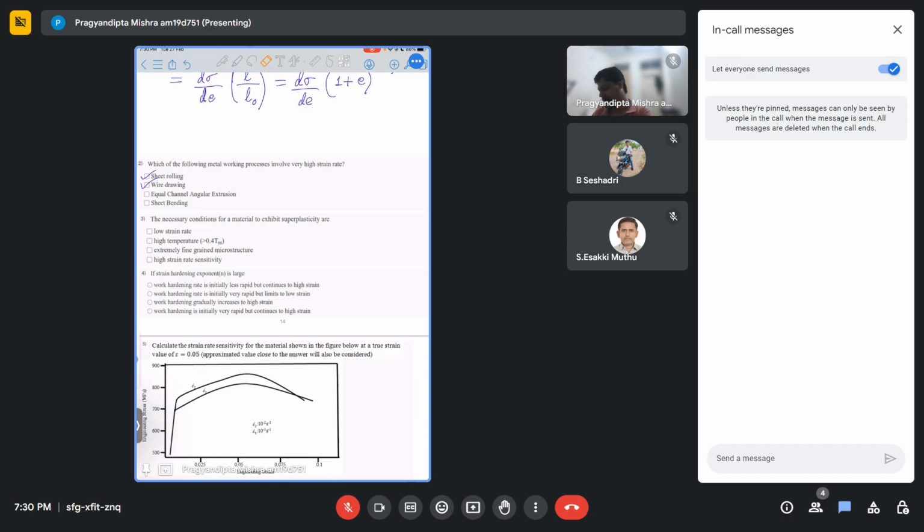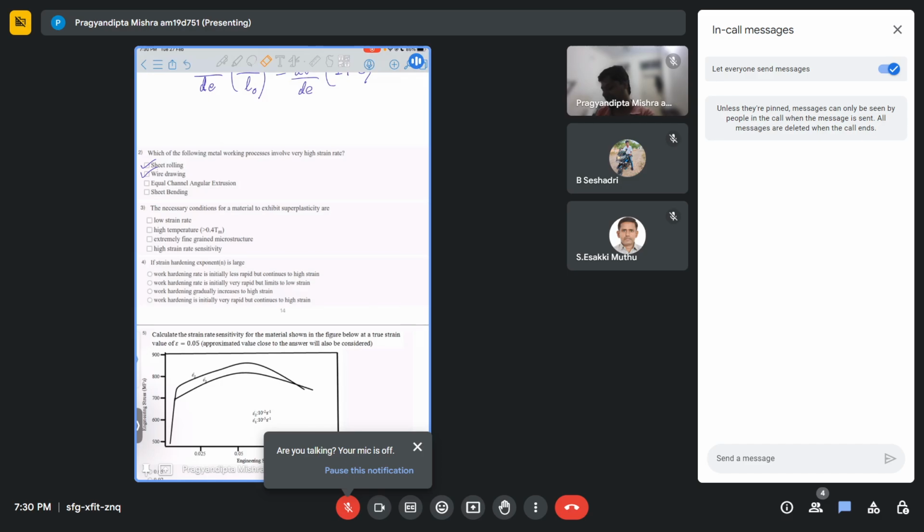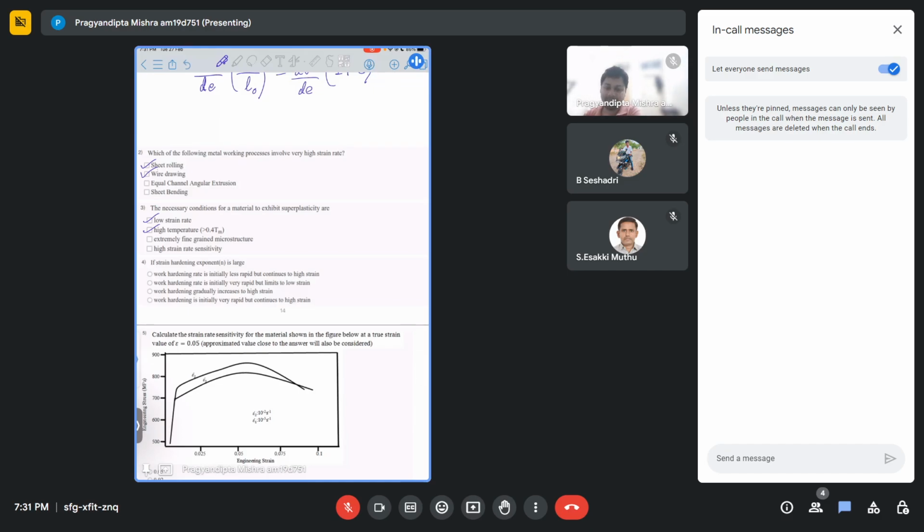Okay. Next, they're asking what are the necessary conditions for a material to exhibit superplasticity. We have already discussed this in the discussions part. So low strain rate was one of the things. High temperature, of course. Extremely fine grained microstructure. I have already explained why fine grained microstructure is necessary for this to happen. Because if you don't have fine grains, then your plasticity would suddenly fail.